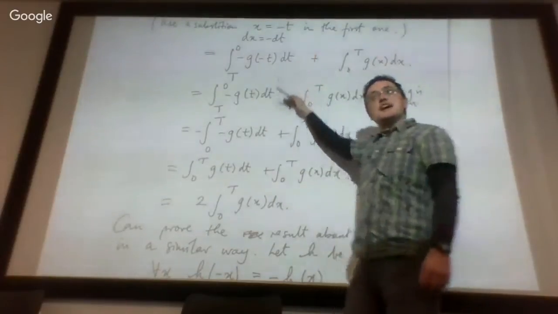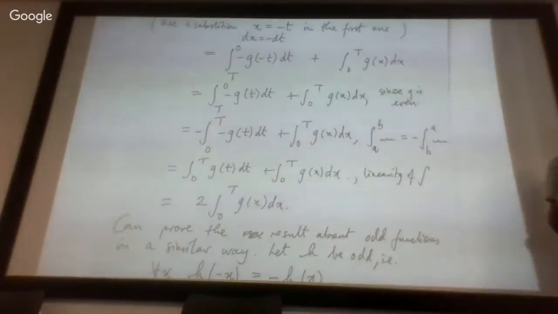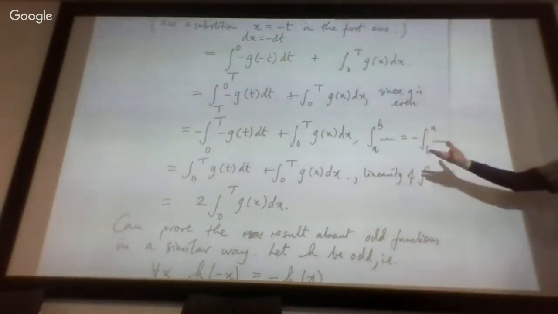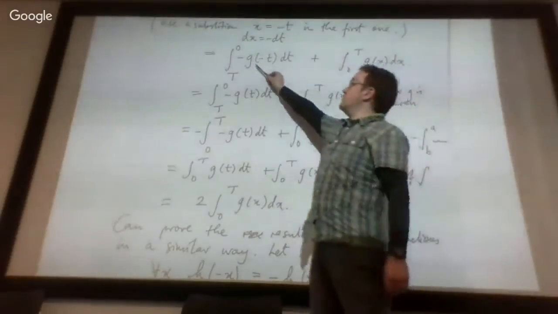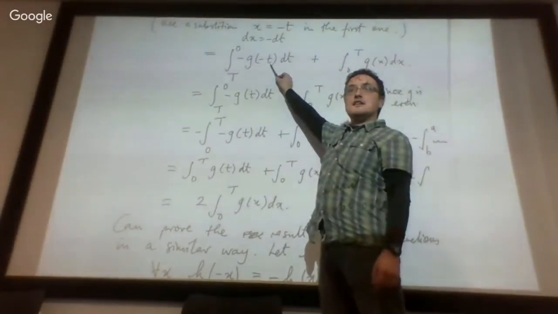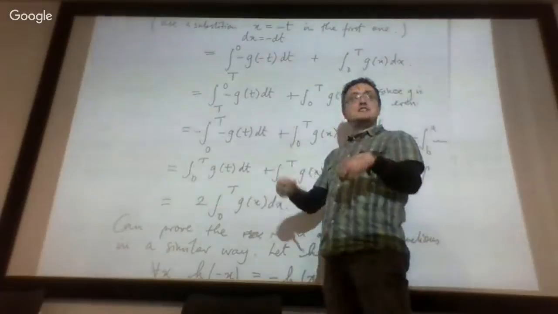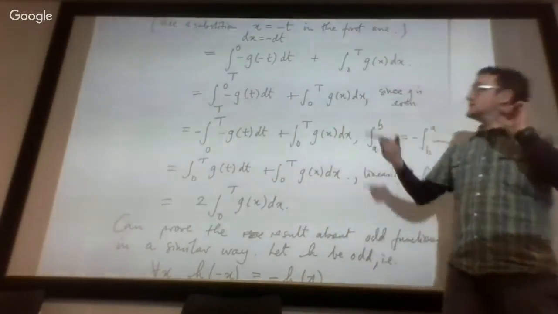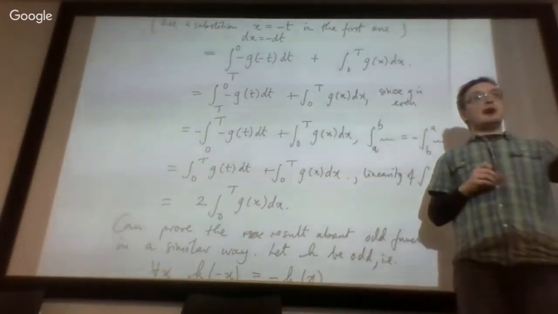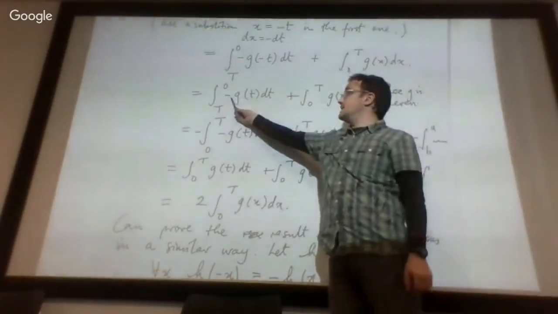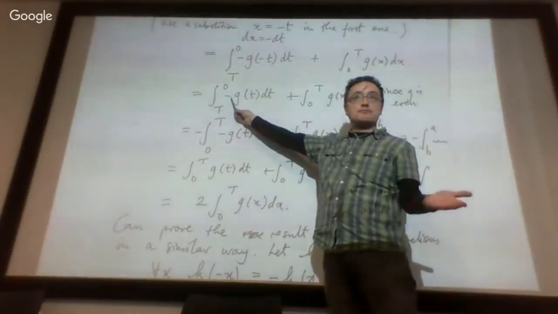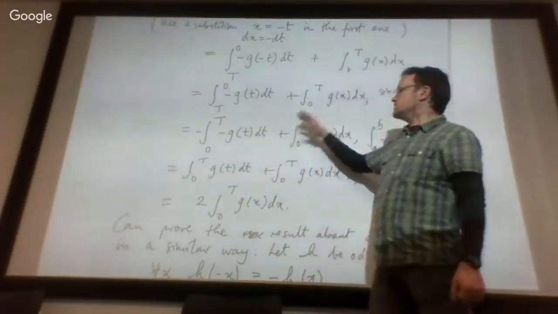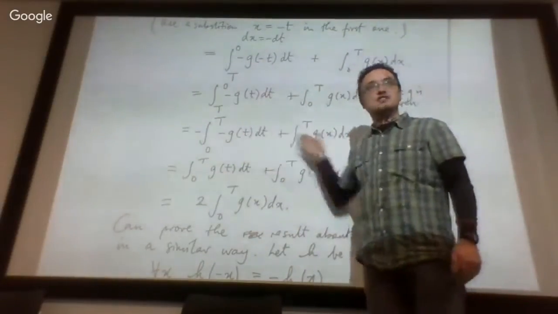Now, if I redo that exact same argument, except this time using an odd function h in the place of g, everything will be the same, except when I move from h of minus t here, I have to move to minus h of t. The function is odd, so h evaluated at minus t gives me minus h of t. So I'll have 2 minus signs in front here, which will cancel with each other. So I'll get down to here, I'll have minus this integral plus the same integral. And there you see the 2 integrals will cancel.